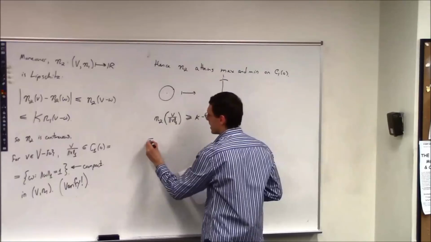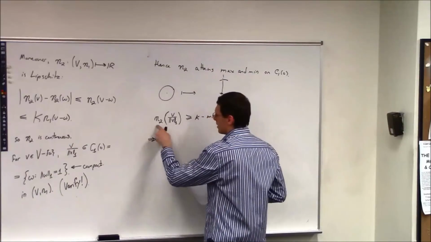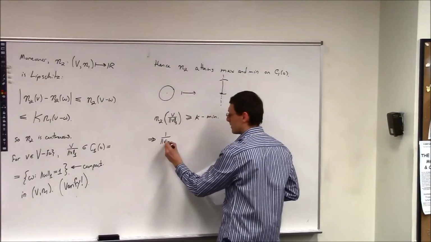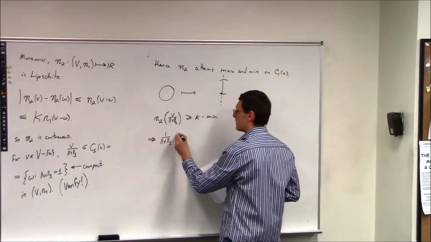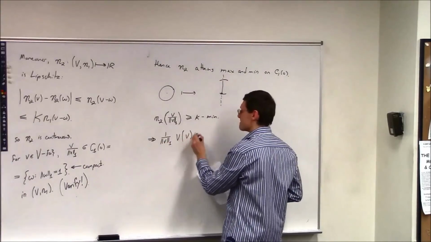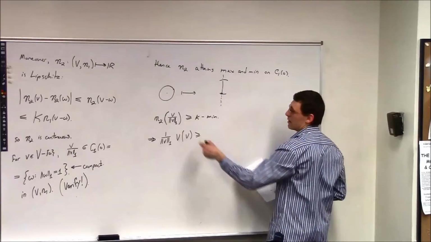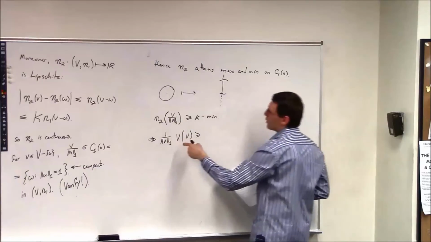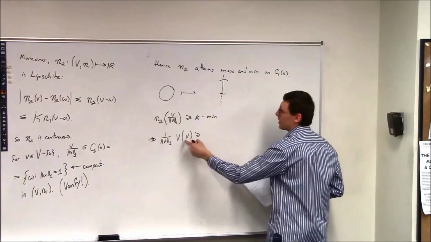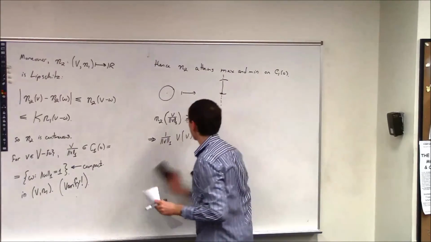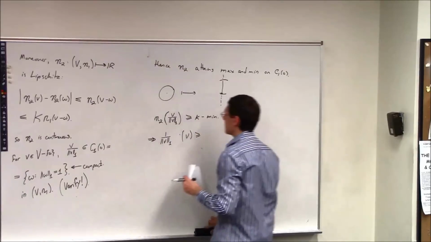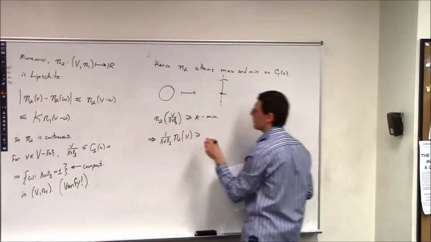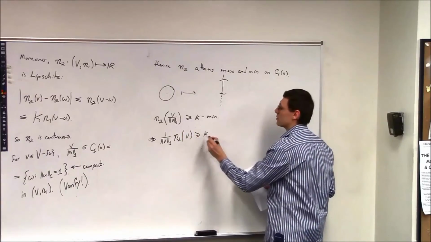And since this is a norm, I can factor out the normalization, making it 1 over the N1 norm times N2 of V, which is bigger than or equal to little k.